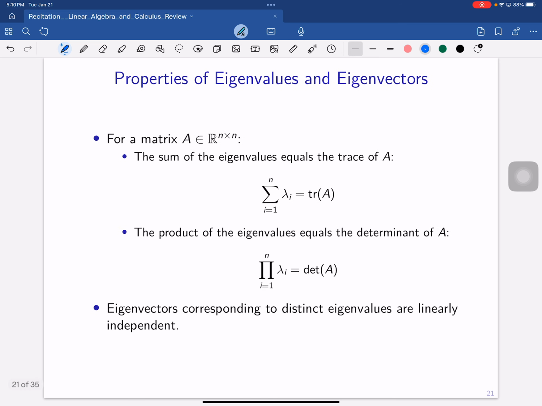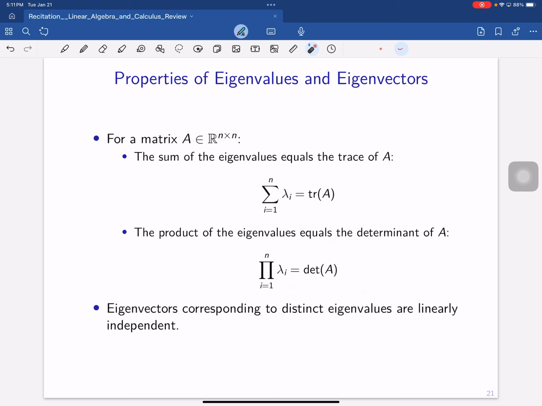And then there are some connections between eigenvalues and the trace of the matrix and the determinant of the matrix. If you sum over all the eigenvalues, it is equal to the trace of the matrix. And if you multiply all the eigenvalues, it is equal to the determinant, right?